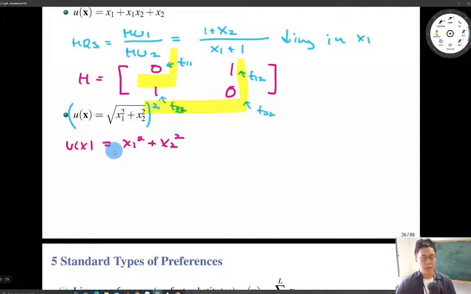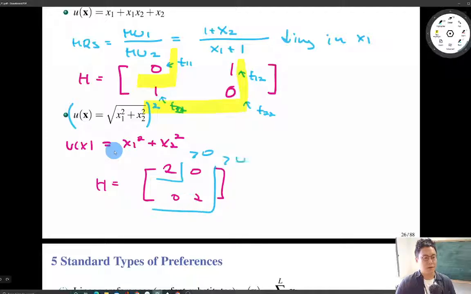Its Hessian matrix is going to be 2 0 and 0 2. So the first entry is positive and the second entry is positive, right? So the second principal minor, the determinant of this 2 by 2, is also positive. So it is positive definite.